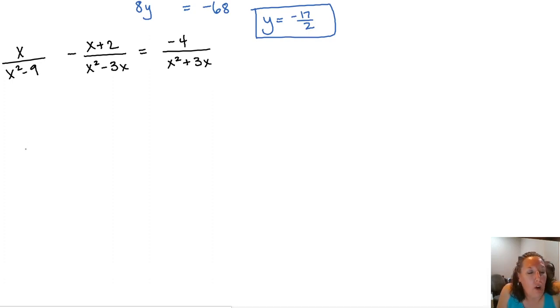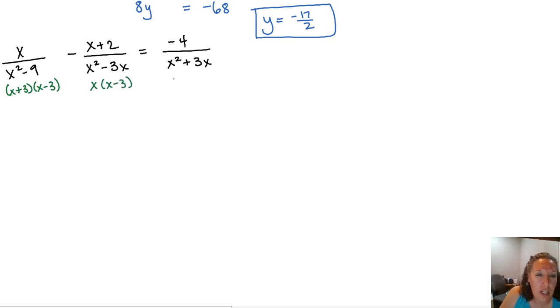We've got x over x squared minus 9 minus x plus 2 over x squared minus 3x equals negative 4 over x squared plus 3x. So remember, to find the LCD, the first thing we need to do is factor all of our denominators. So x squared minus 9 is going to factor to x plus 3 times x minus 3. X squared minus 3x, we have a GCF of x there, so we'll get x minus 3.